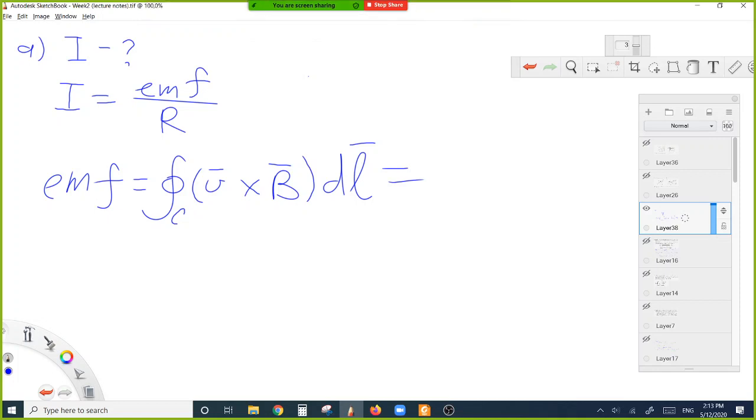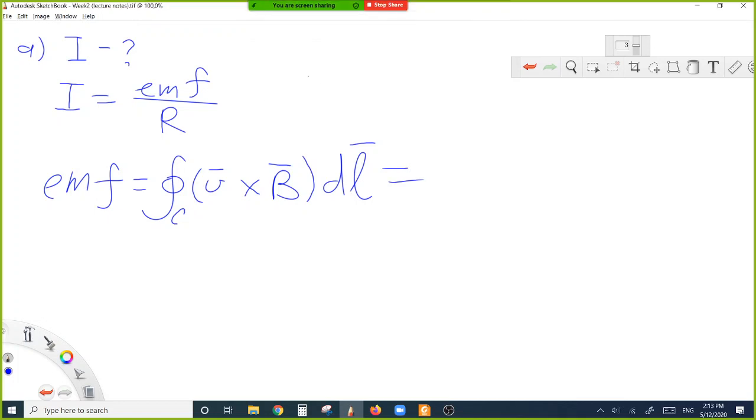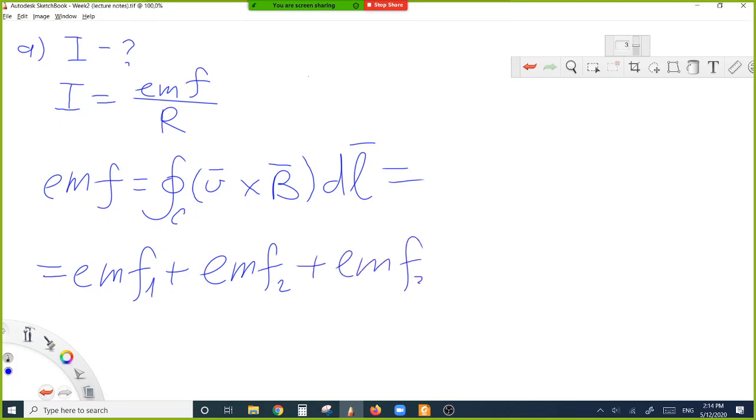And we can write this as electromotive force of part 1 plus electromotive force of part 2 plus electromotive force of part 3 plus electromotive force of part 4.